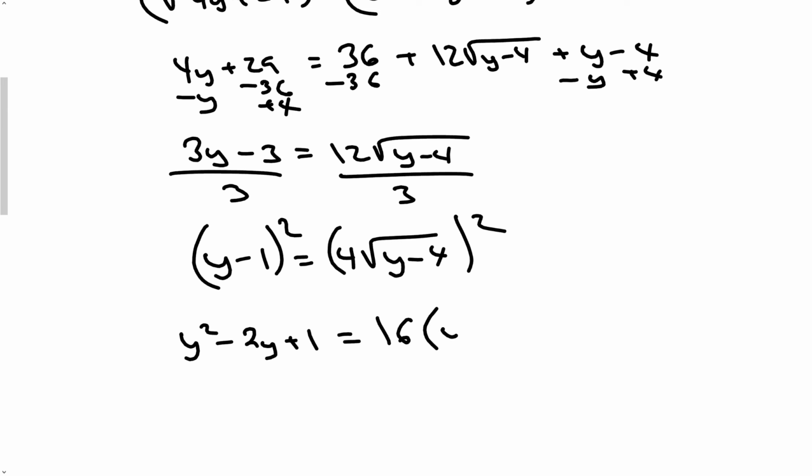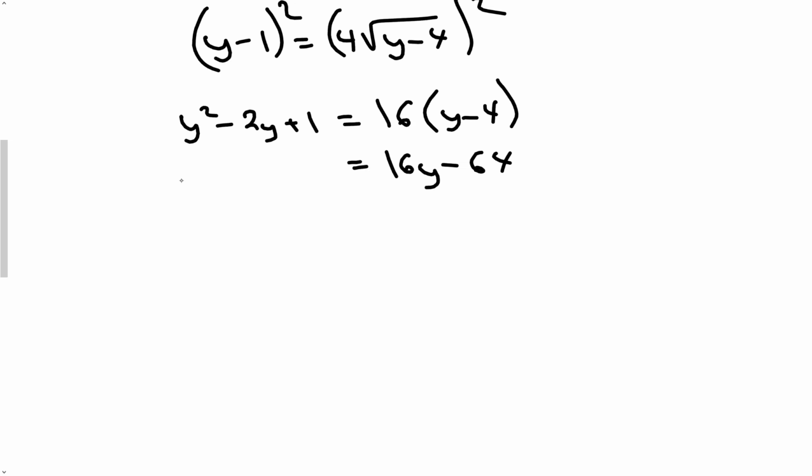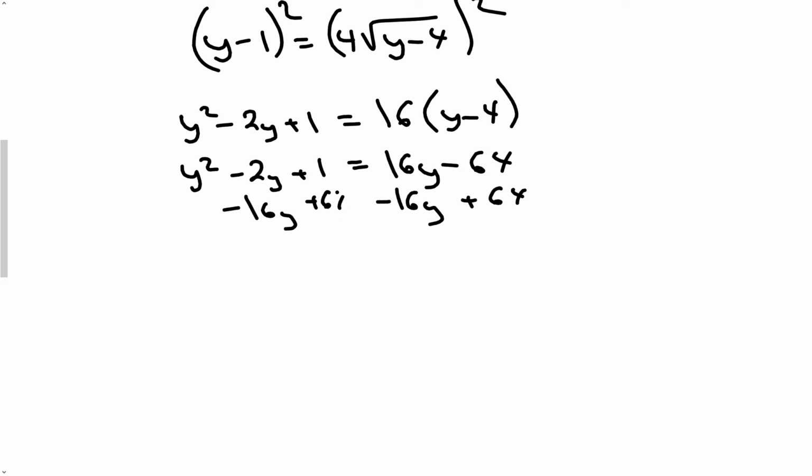16 times, now the square root goes away. Now I distribute the 16. And setting this equal to 0, if this is still y squared minus 2y plus 1, I'm going to subtract 16y from both sides. I'm going to add 64 to both sides, and I get y squared minus 18y plus 65 is equal to 0.